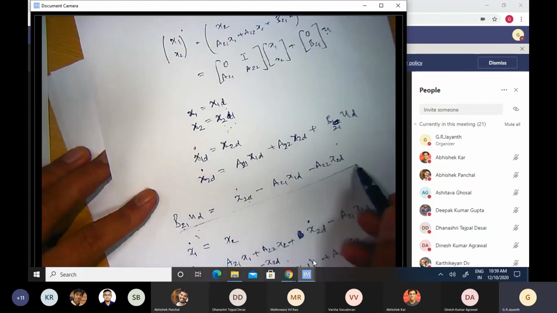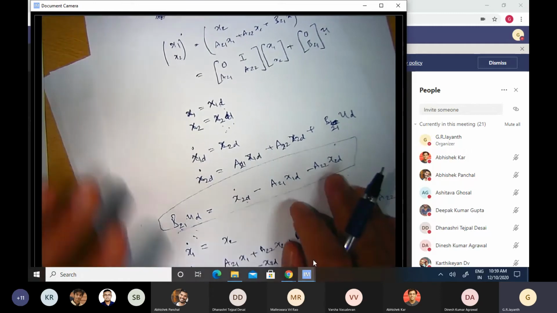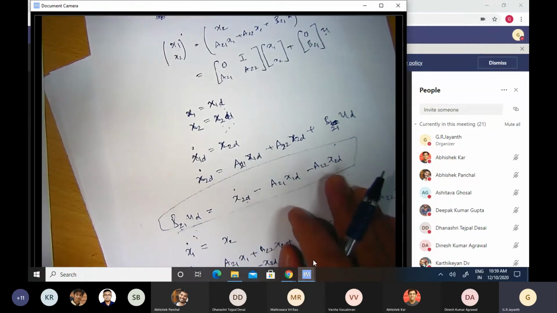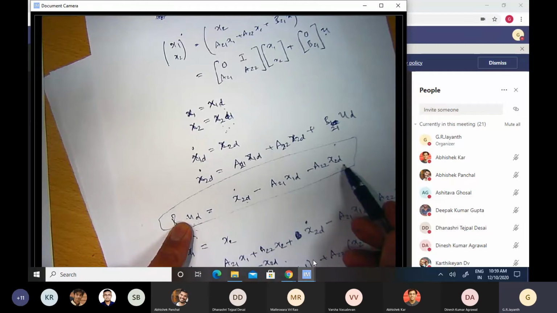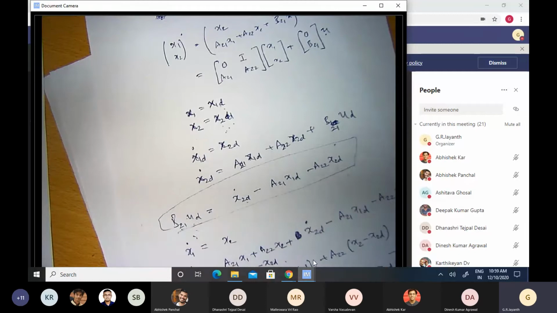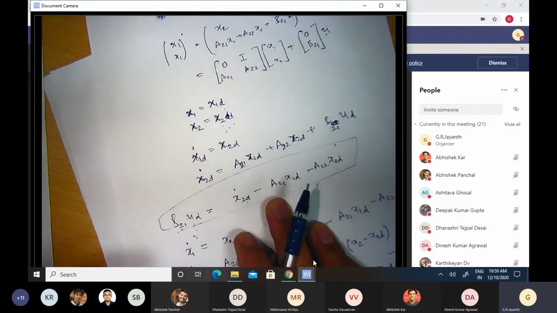B21 times UD is equal to this particular thing. Okay, x2d dot minus whatever. This is very commonsensical, because if the states were already on it, then this is the equation that connects the input torque that I need to apply to the joint variables and their rates of change. Okay, it's not yet on it, but I'm hoping that I just want to apply this and see what happens.